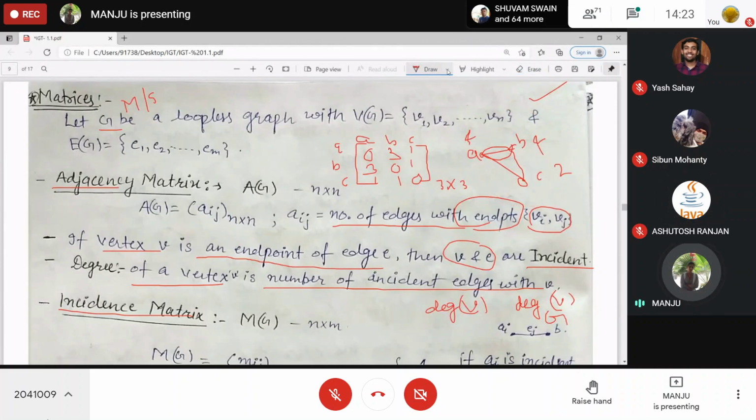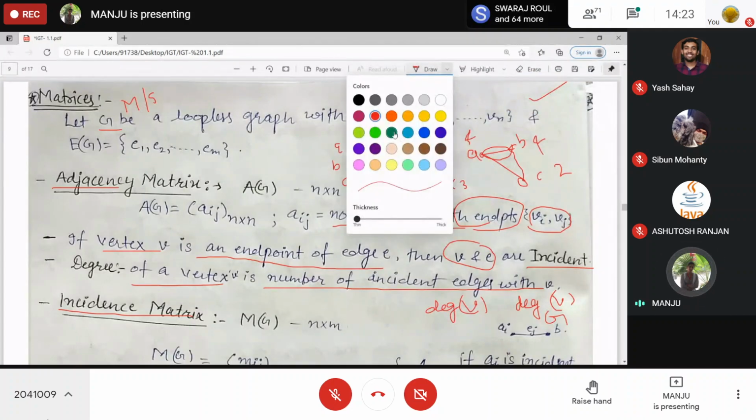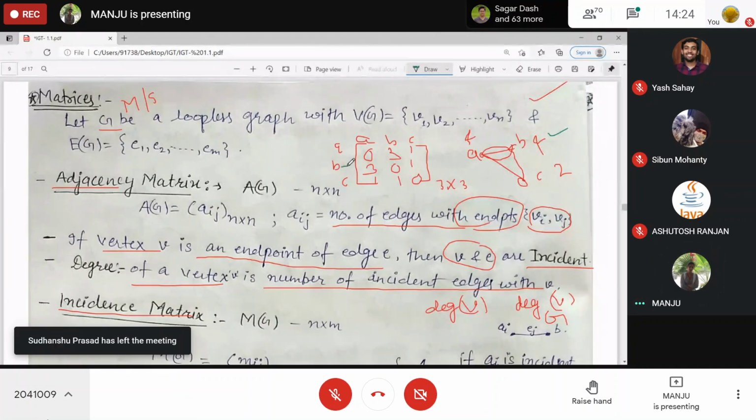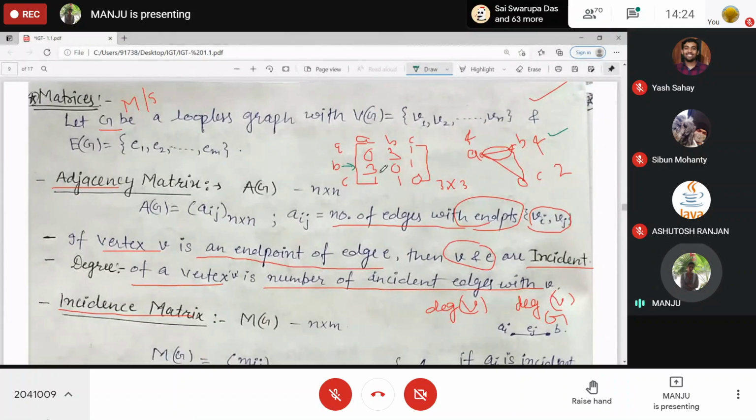Now, in this graph, what can I say about degree of B? Degree of B is 4, right? And if the graph is not given, only the adjacency matrix is given, then you can still talk about the degree of vertices. So degree of B will be the sum of all the elements in this row.